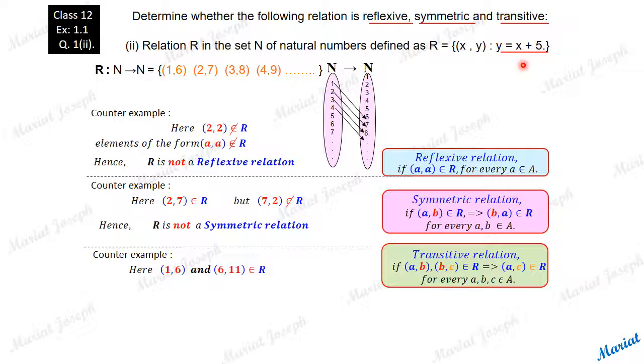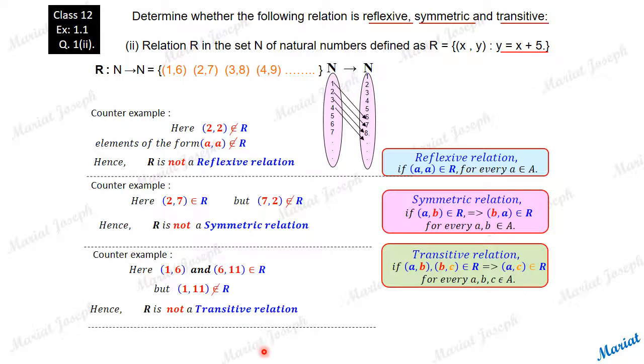Oh, 1 plus 5 is 6 only. How is it 11? So (1, 11) cannot be included in the relation. Now this numerical example goes against the definition of transitivity. We did take a pair (a, b), (b, c), but we could not find the pair (a, c) in the relation. So we conclude this relation is not transitive.